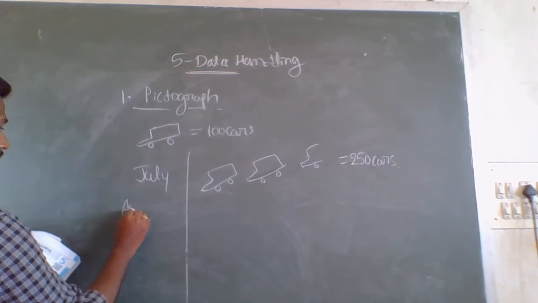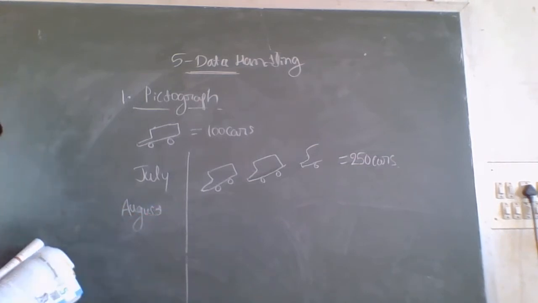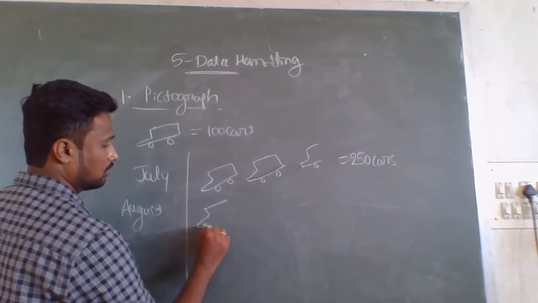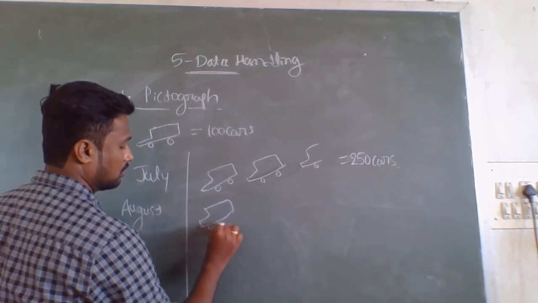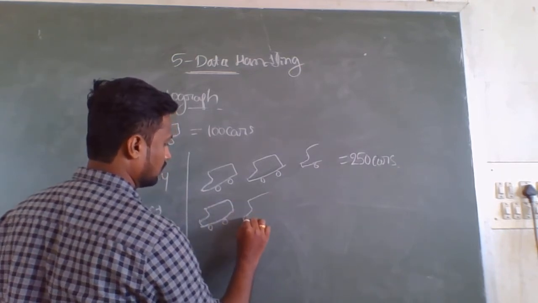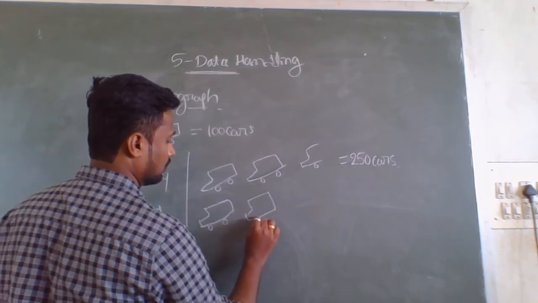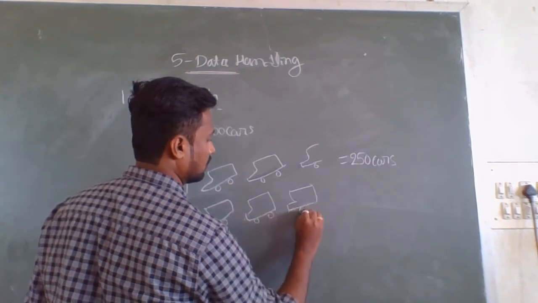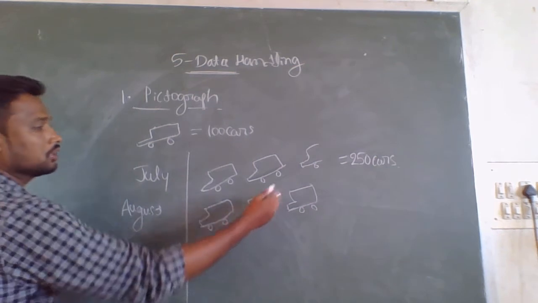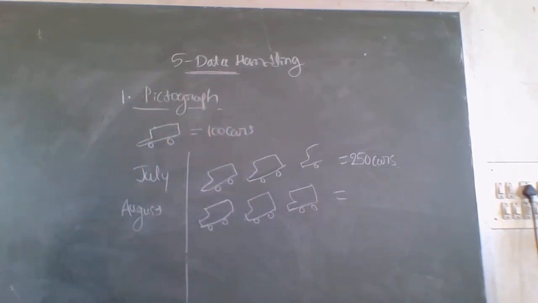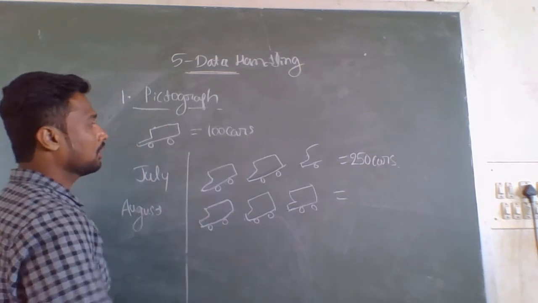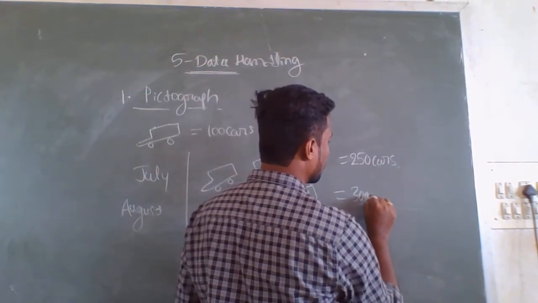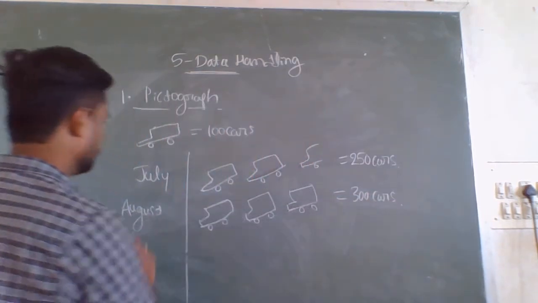In August, here they are given 3 cars. Three symbols means how many cars? 3 means 300, because they are given here 100 cars for one symbol. So 300 cars in August.